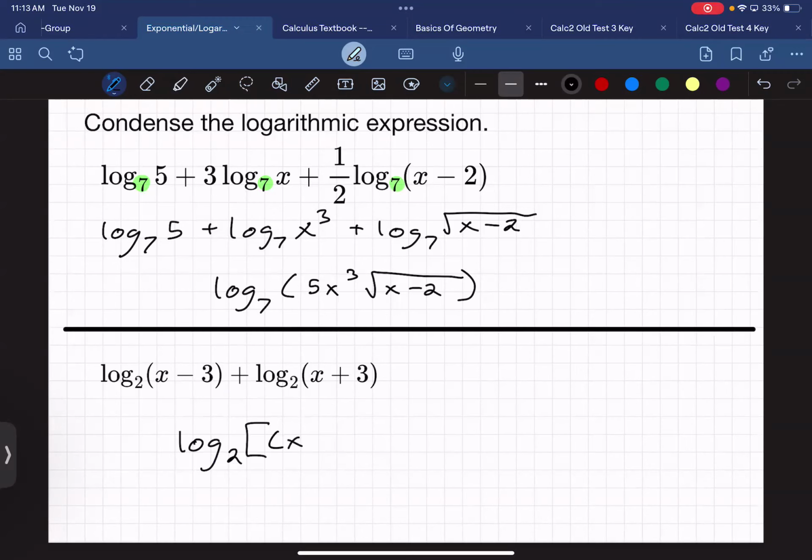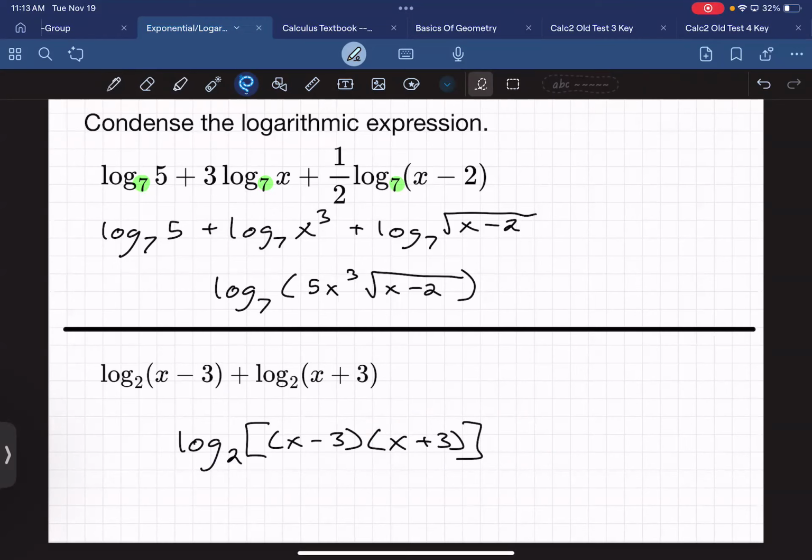So I have x minus 3 and x plus 3. What operation do I need to have between them? Multiplication, right? So do I really need to put anything then? Just make sure to put them right next to each other, right? So let me scoot this on over and bam, there's my logarithm.